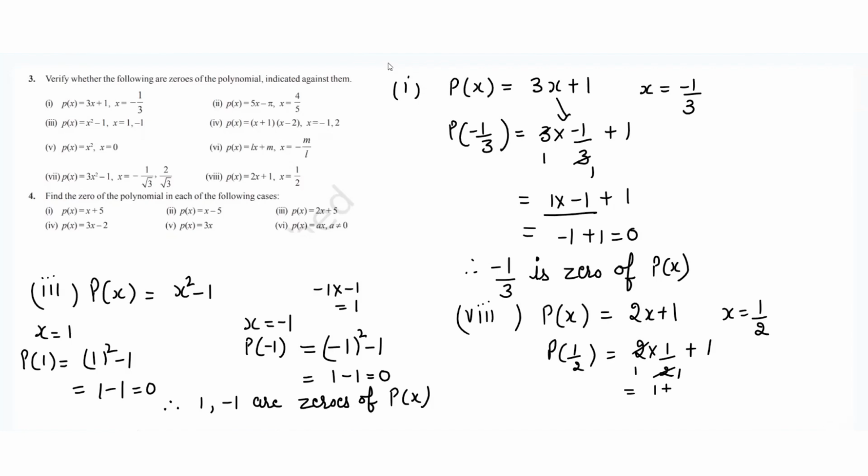We'll get here 1 plus 1 is equal to 2. So in this case, P(1/2) is not equal to 0. Therefore, 1 by 2 is not a zero of P(x). So this is how we can calculate whether any variable is the zero of the polynomial or not.